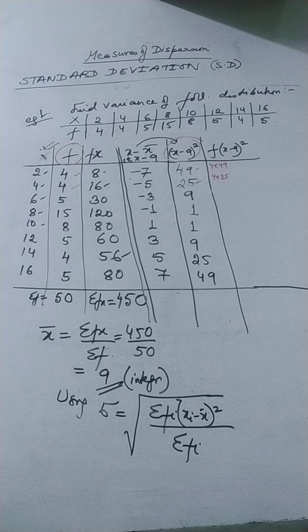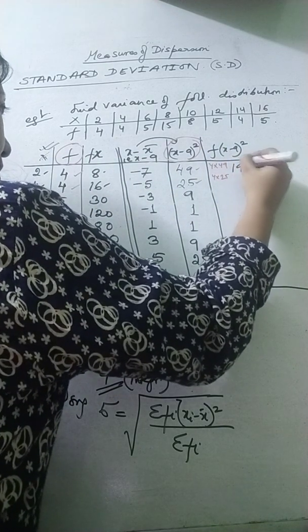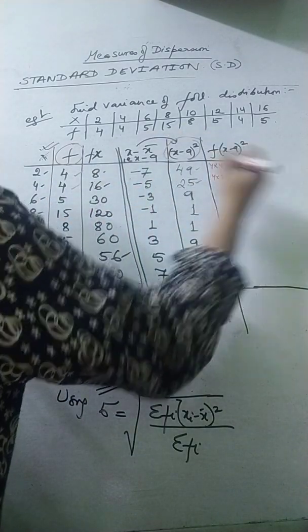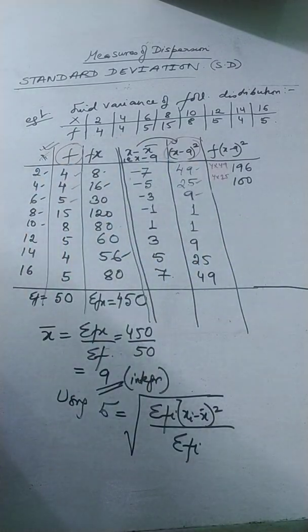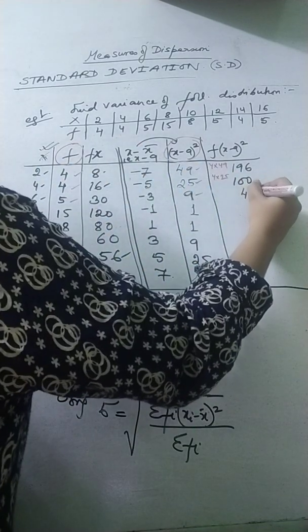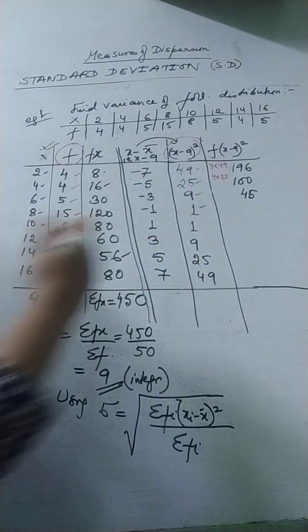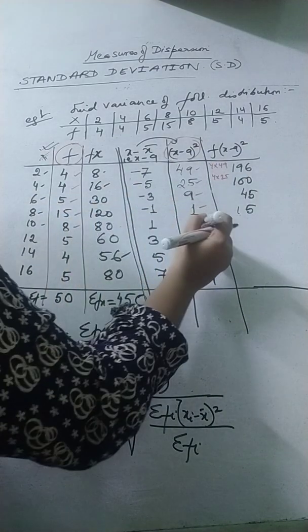That gives you how much? 196. 4 into 25 is your 100. Then comes 5 into 9. That makes 45. Then comes 15 into 1. That makes, I hope you can see, yes, 15. Then comes 8 into 1.